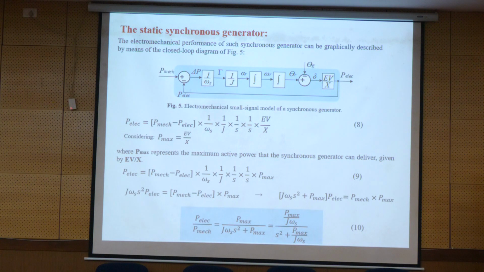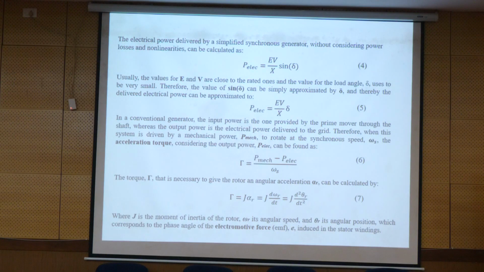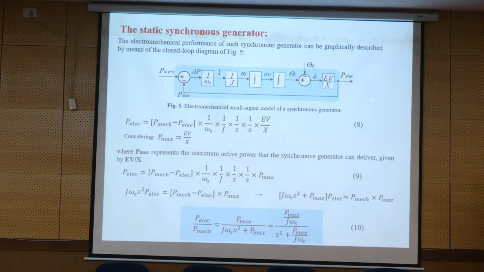From this equation, EV divided by X times delta is P electrical. So P electrical can be calculated by delta times EV over X. This is not something complicated, is it? Now we know how to calculate the value of the electrical power based on the mechanical power.